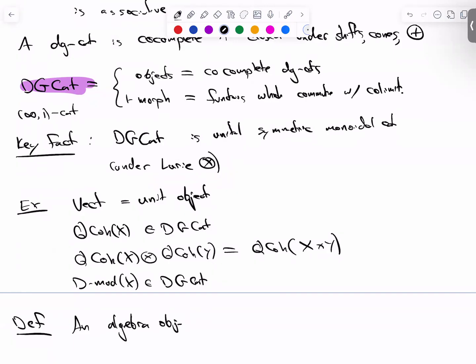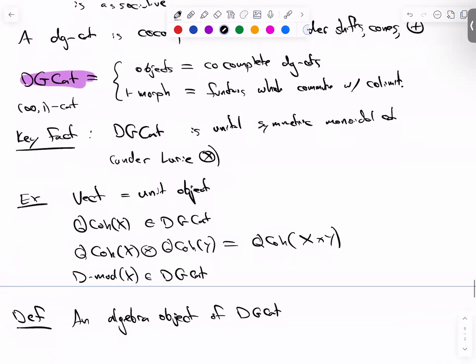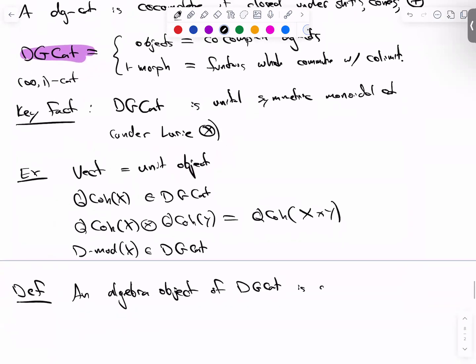So an object of DGCat is an algebra, i.e. it has an associative multiplication.